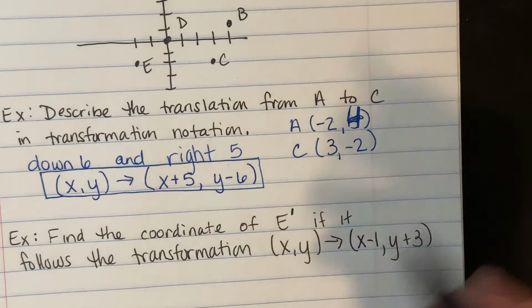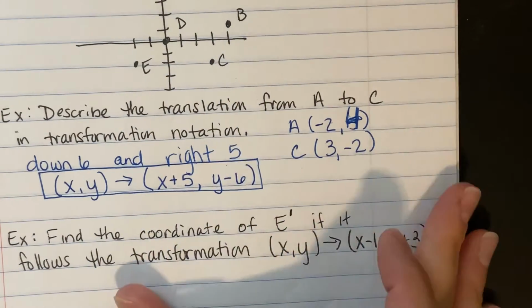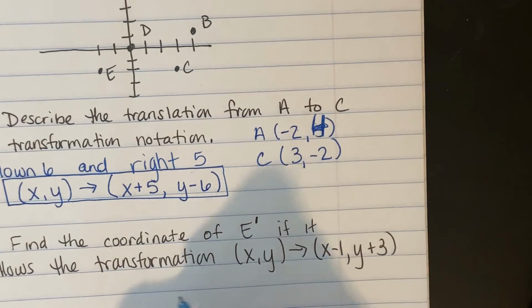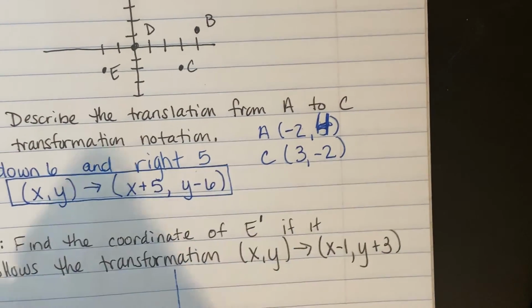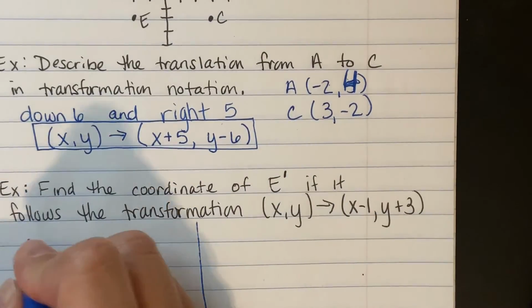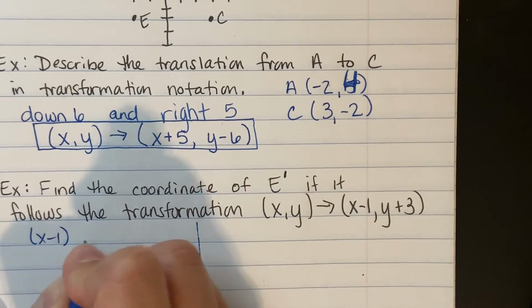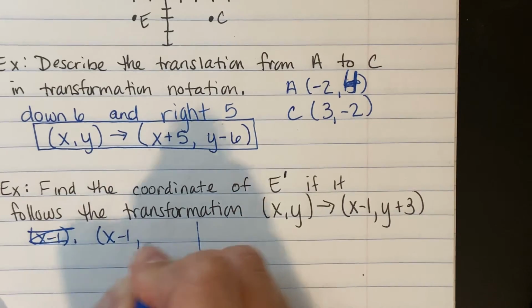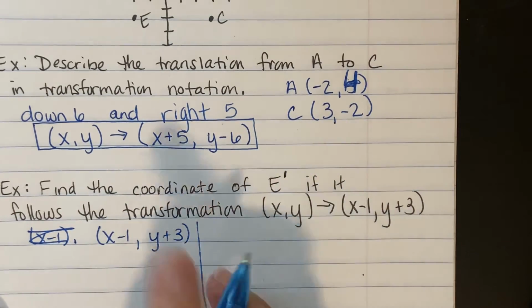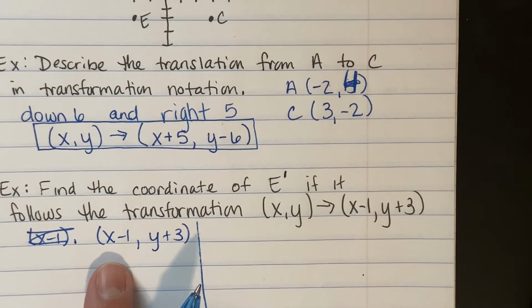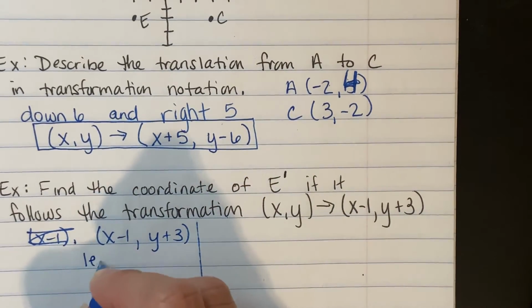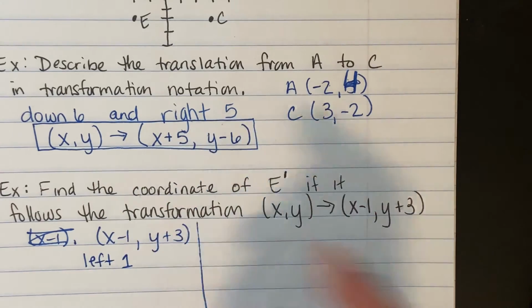So there's a couple ways you can do that. I'm going to do it two ways. I know that it's x minus 1 comma y plus 3. Let's figure out what that's going to move. It's taking the x value and subtracting 1, so I know that's going to go left 1 because x is left to right.